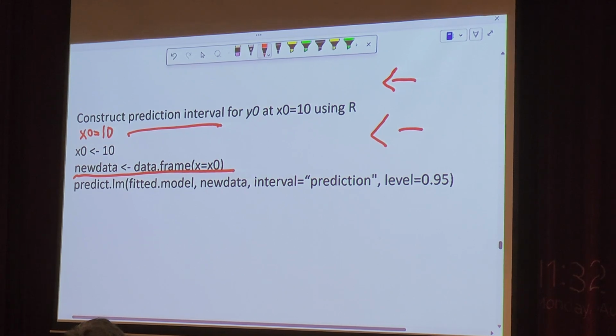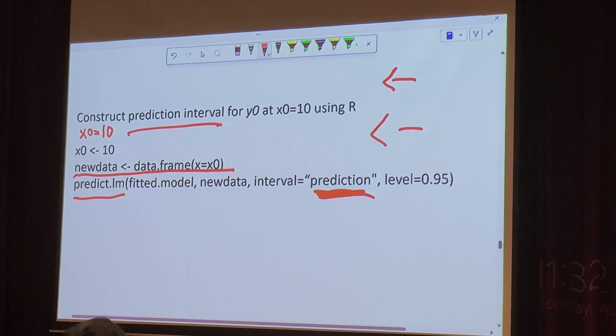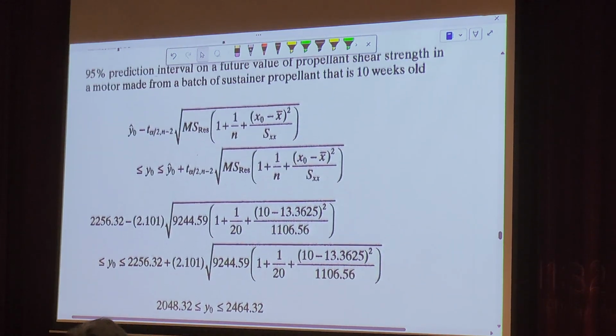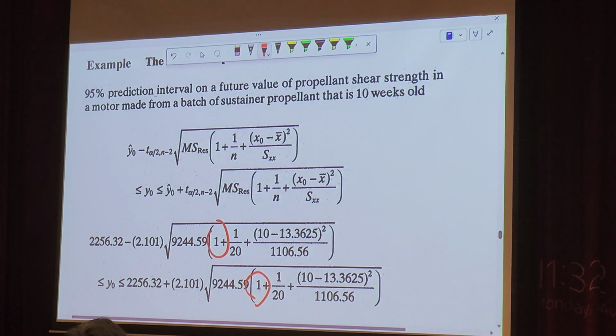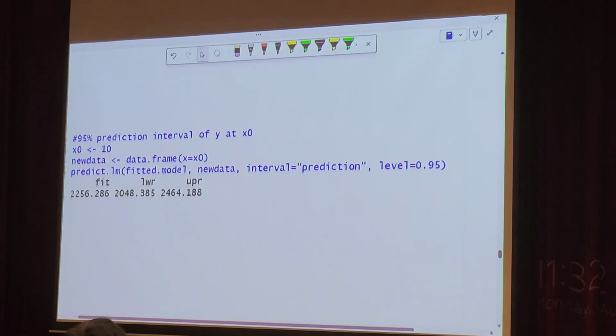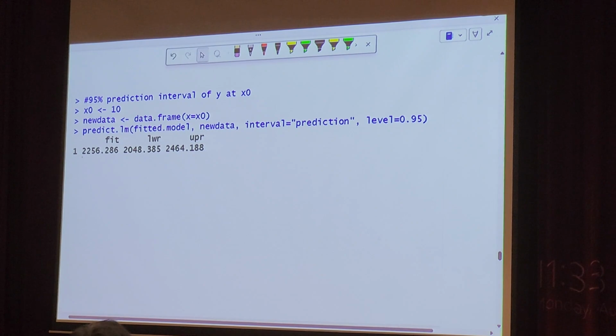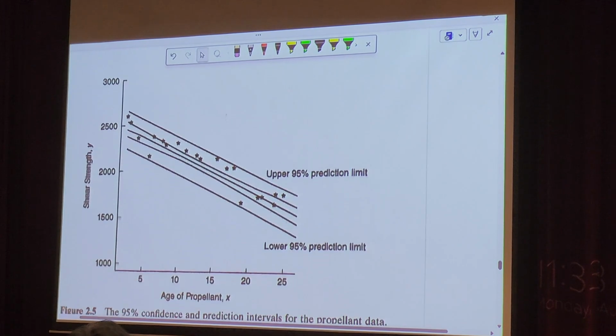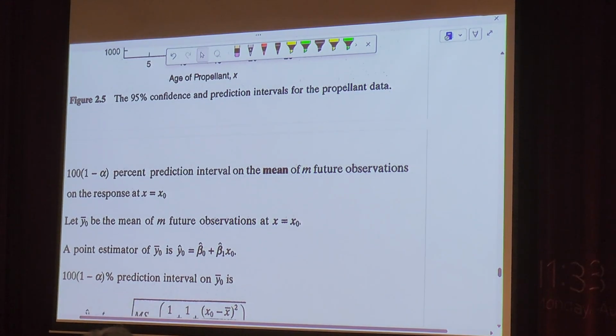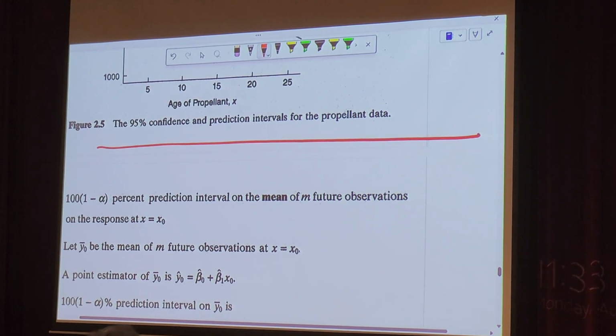So, create a data frame and use it. What happens now is you are using the same function, but now you say you're going to do a prediction. To do that, one will be added into the calculation. This one. Okay. Then that's what happens. It's very simple. You can check that this interval is larger than usual.